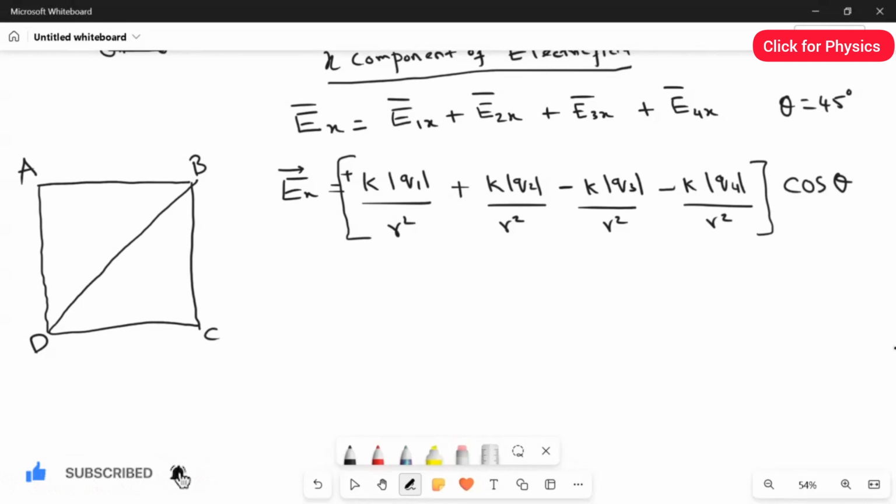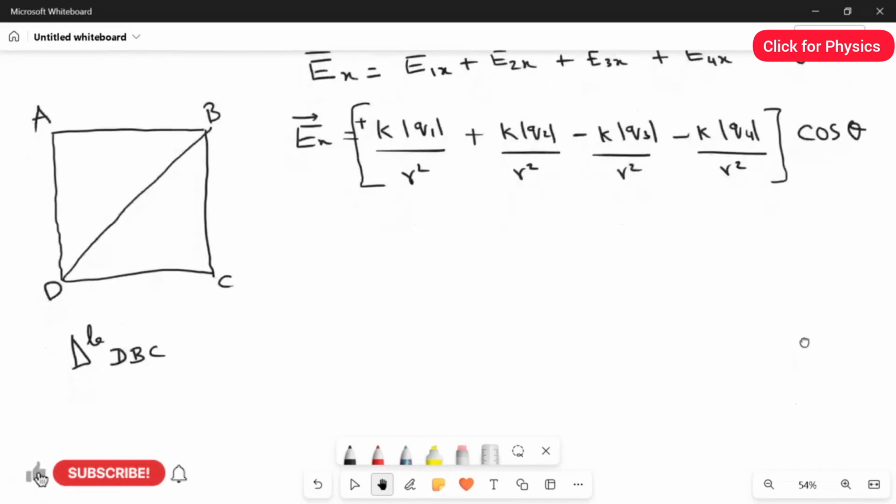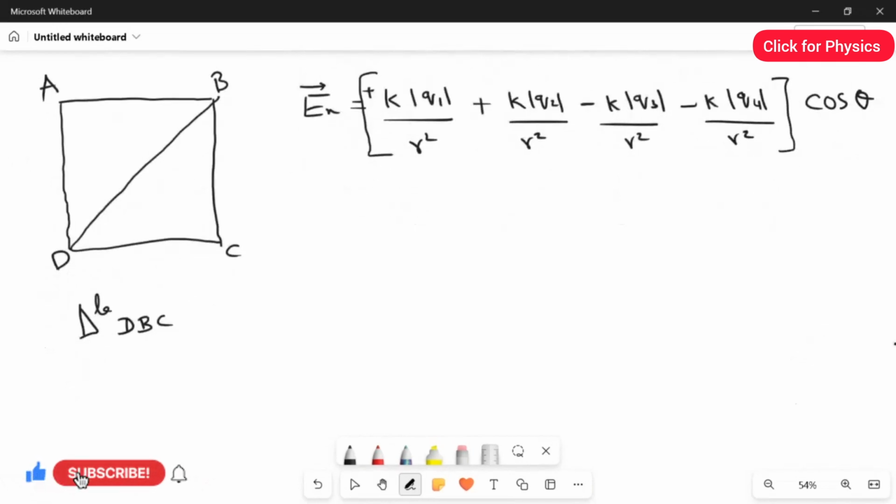You can find the value of R from triangle ABD or triangle BDC. That's up to you. I'm going to take the triangle D, B, and C, and apply the Pythagoras theorem for this triangle.